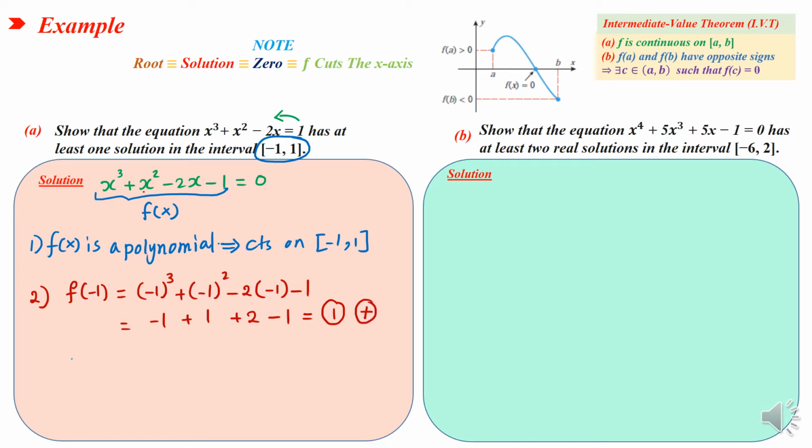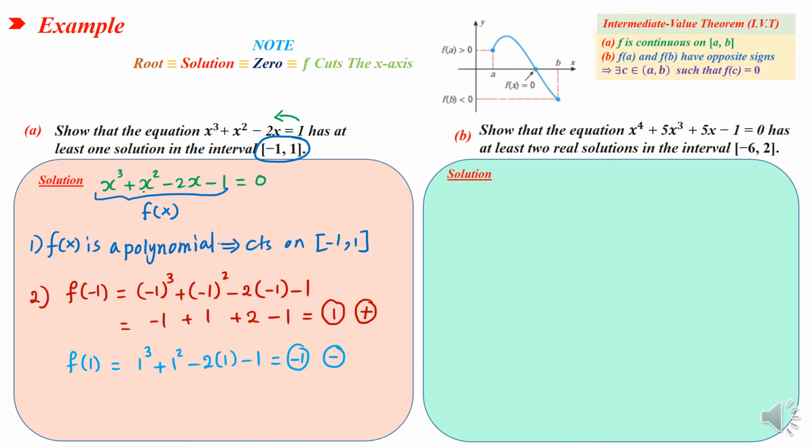Now find f of 1: we have 1 cubed plus 1 squared minus 2 times 1 minus 1, and this gives us 1 plus 1 is 2, minus 2 is 0, minus 1. This equals -1, which means that f of 1 is negative.